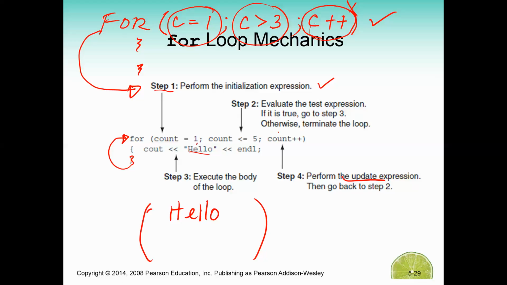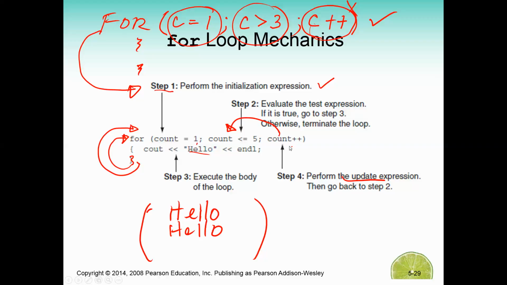Then it's going to evaluate once more. So it's going to go back. It's like it will backtrack, and it's going to check. Is 2 less than or equal to 5? It is. So it goes back inside the loop, displays hello, hits the end, goes back, increments again or updates. Now we have a 3.